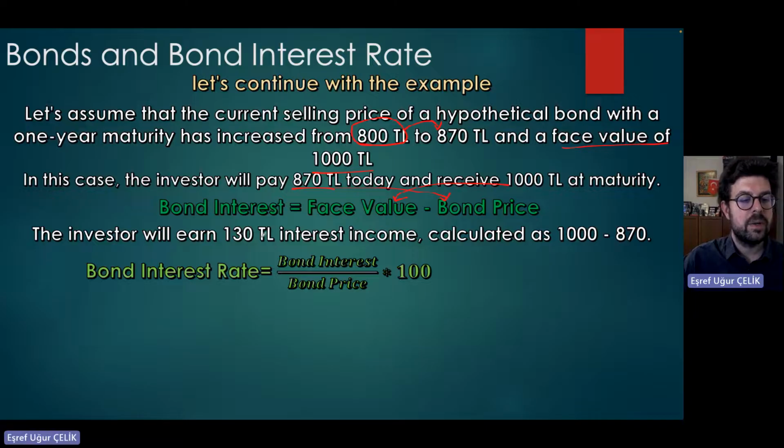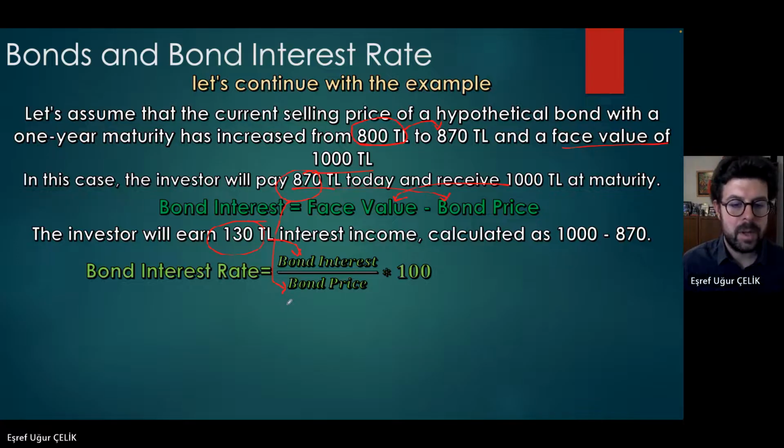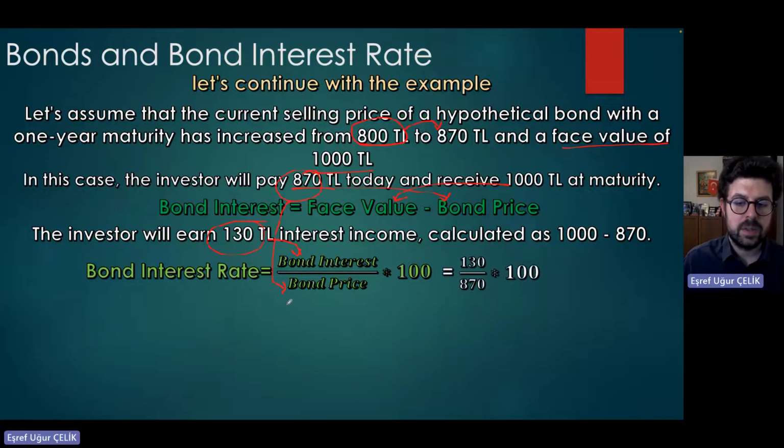What about the bond interest rate? Bond interest is 130 divided by bond price, which is that amount, multiplied by 100. So the interest rate becomes lower also. It's 15%. In the previous example, it was 25%.